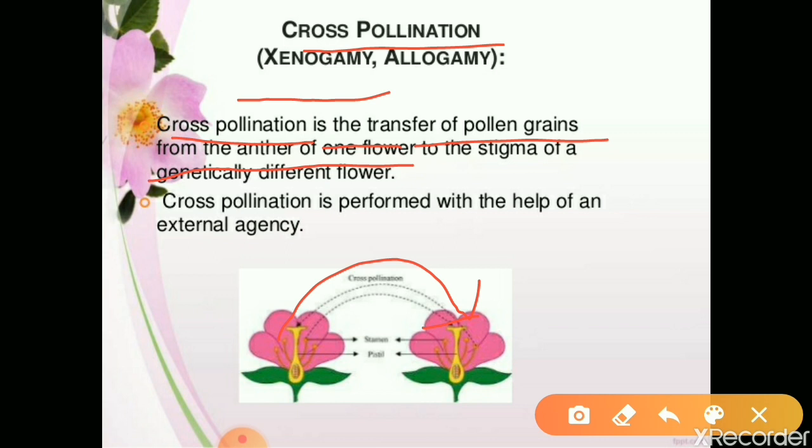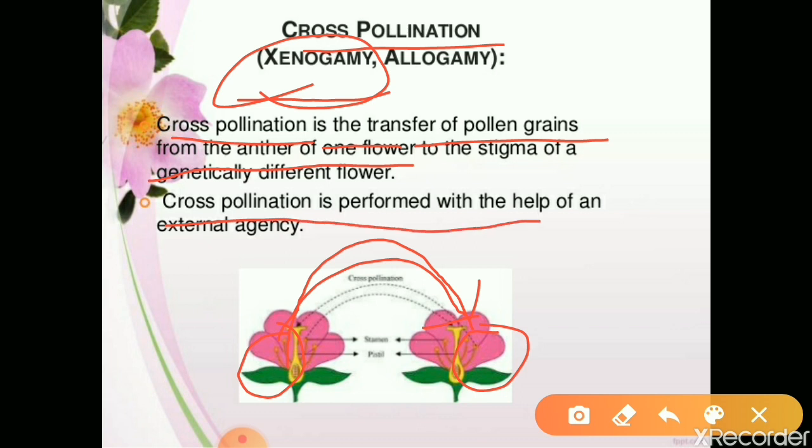Listen, in cross-pollination, what is happening? Pollen grains will transfer from where? From the anther of one flower to the stigma of another flower. They are genetically different in nature. Such a pollination we can call cross-pollination or xenogamy.